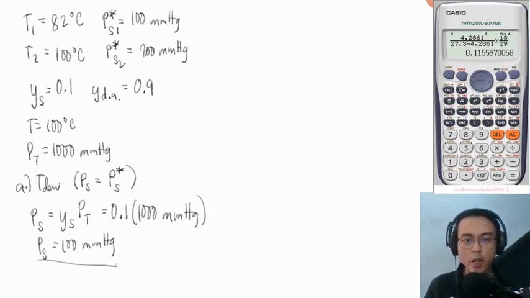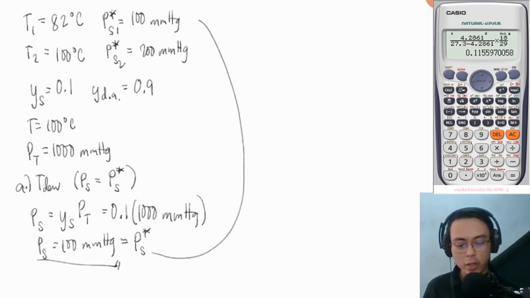Now, since we are at the condition of equilibrium because this is dew point, this is also equal to the vapor pressure of styrene, 100 millimeters mercury. Now, if the vapor pressure of styrene is 100 millimeters mercury, what is its dew point? If you take a look at the given, 100, 100, therefore we say that the dew point temperature is 82 degrees Celsius.